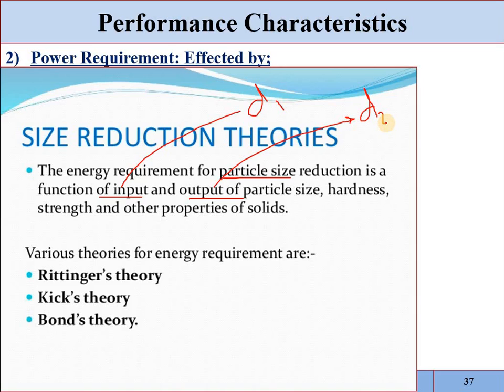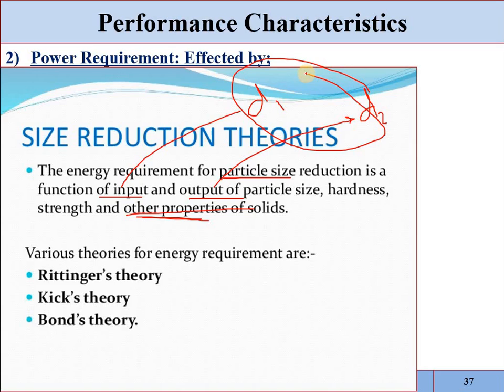Now how much power will be required? The power requirement depends on the initial size, the final size, the hardness of the product, strength of the product, and other properties like moisture condition, shape and size, etc. But most importantly, the power requirement depends on the size of the product before reduction and after reduction.